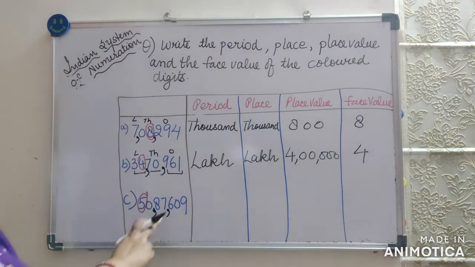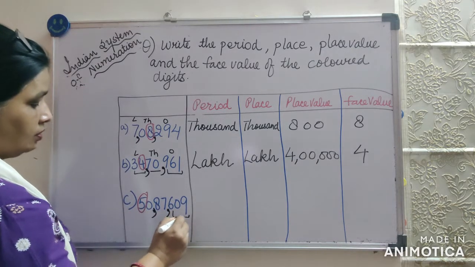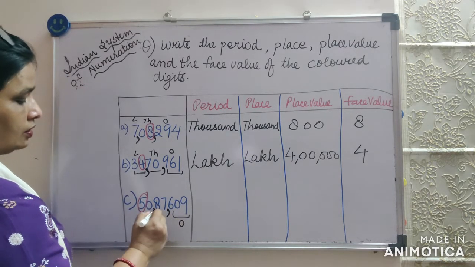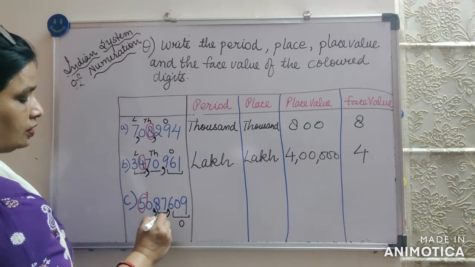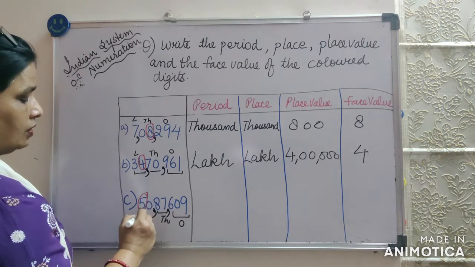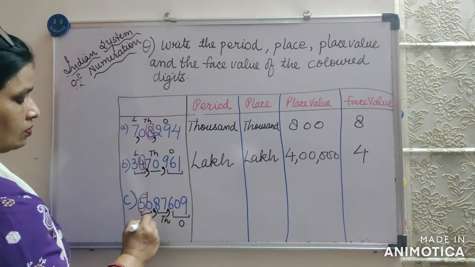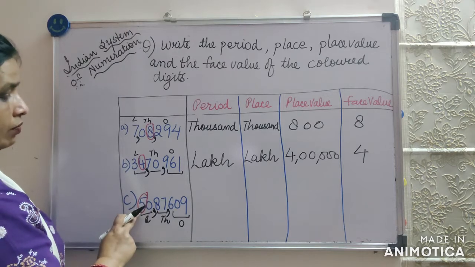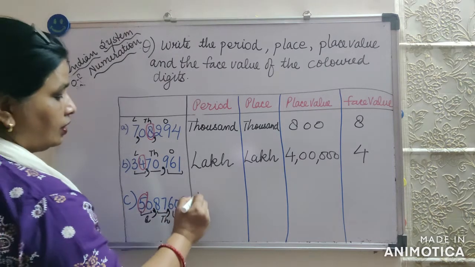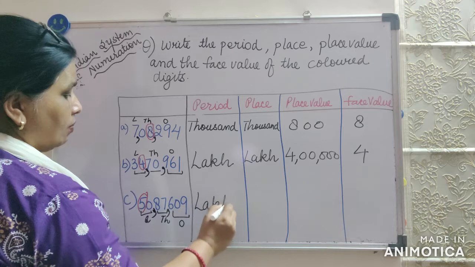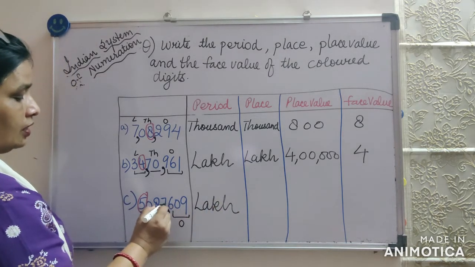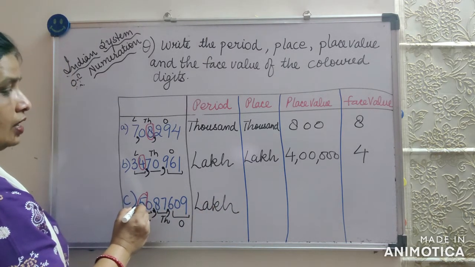Now in the next question, again you divide. It is ones period, it is thousand period and this one is lakh. Right children? So 5. What is the period of 5? Lakh. Place: ones, tens, 100, 1000, 10,000, lakh, 10 lakh.